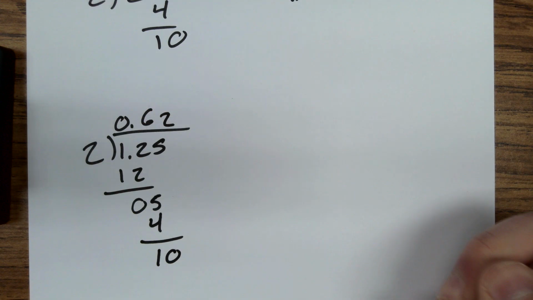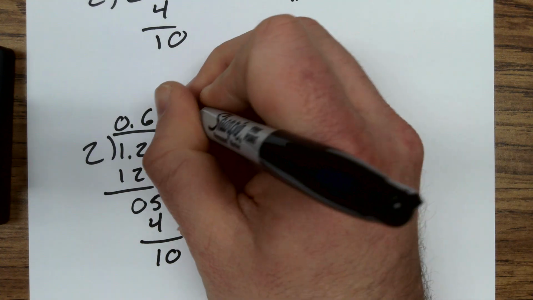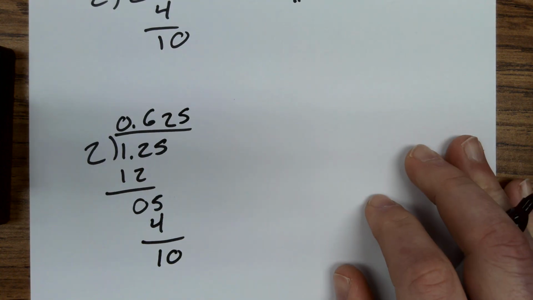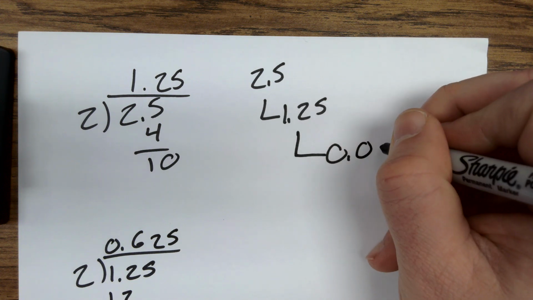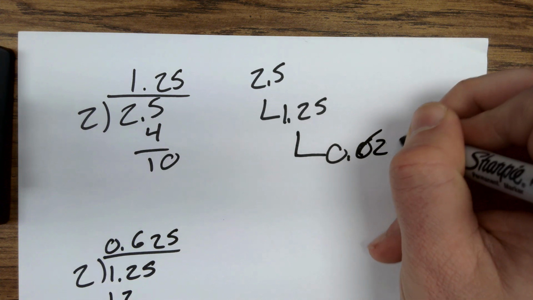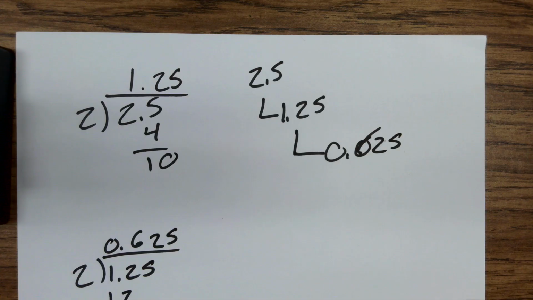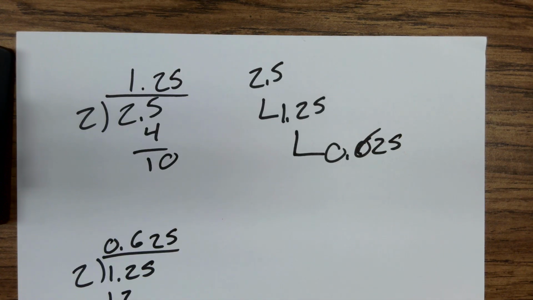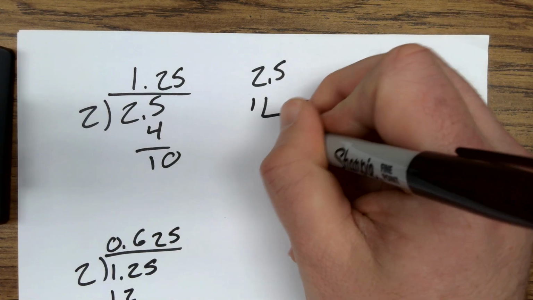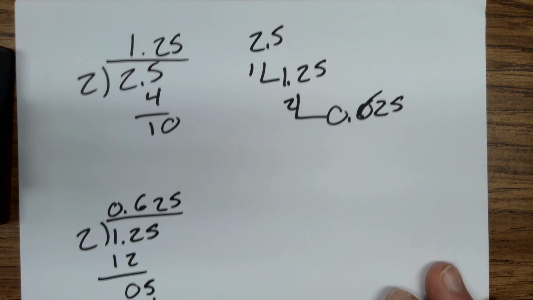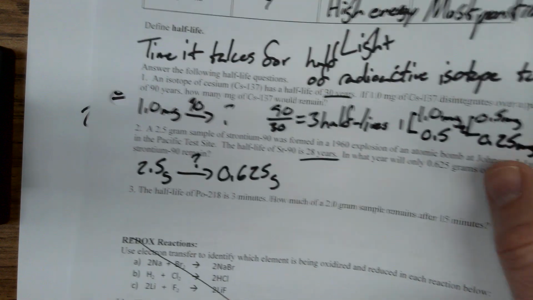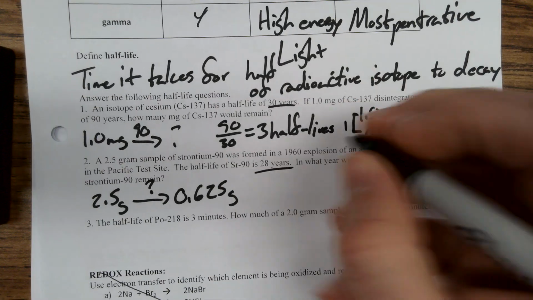How many times does 2 go into 10? Look at that. How many half-lives did I go through? 1, 2. So, I go back here. I've gone through 2 half-lives.